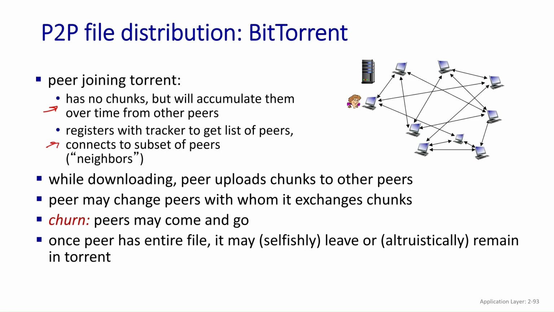So now Alice is also participating. Alice has some chunks, as registered in this torrent, and is participating in this file sharing process. So while Alice is downloading, she's also uploading chunks to other peers. Alice can come and go. Any peer can come and go, meaning a peer can leave. We call it churn.